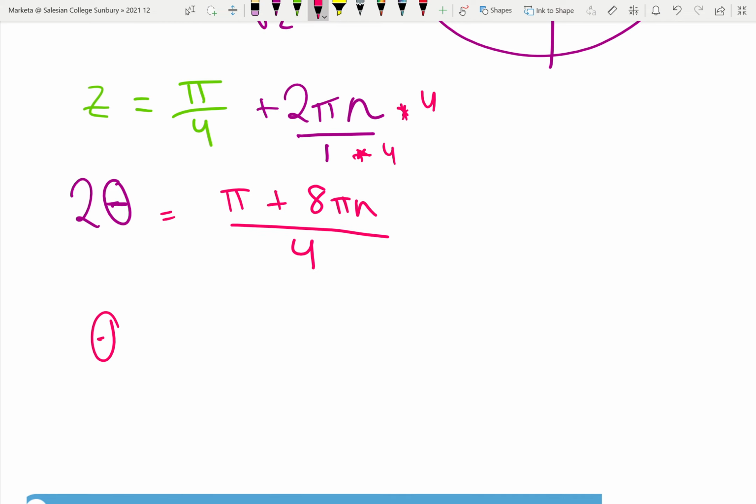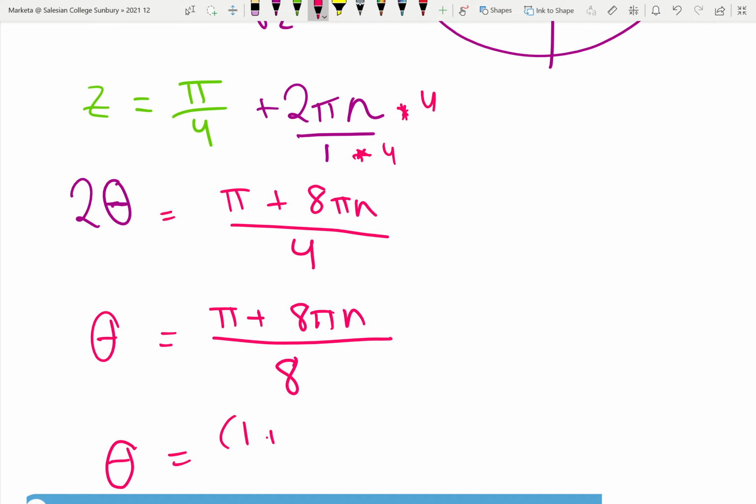So that can be theta equals pi plus 8 pi n over 8. And well, now I can just go, theta equals 1 plus 8n pi over 8, where n is an element of all integers, an element of Z. So there's our first general solution for our cos value there.